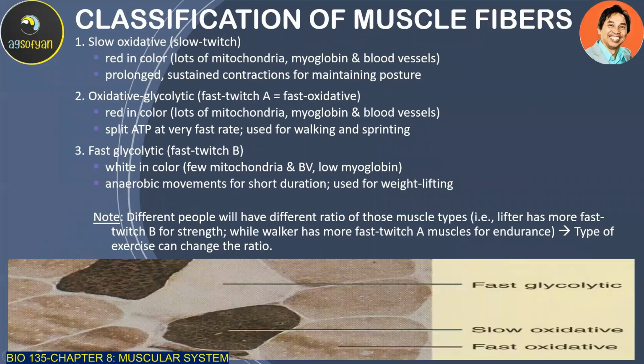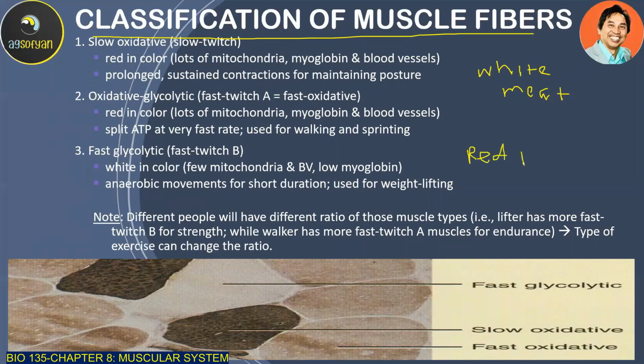Now we go to the classification of muscle fiber. Sometimes people talk about white meat and red meat. What is this?